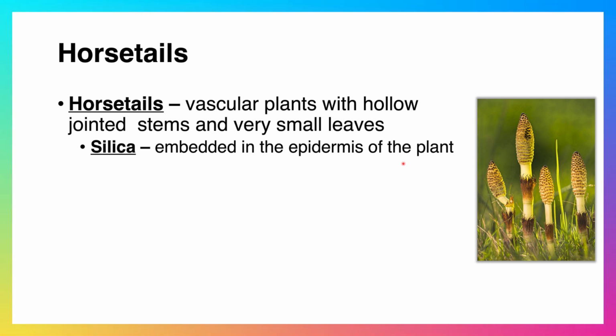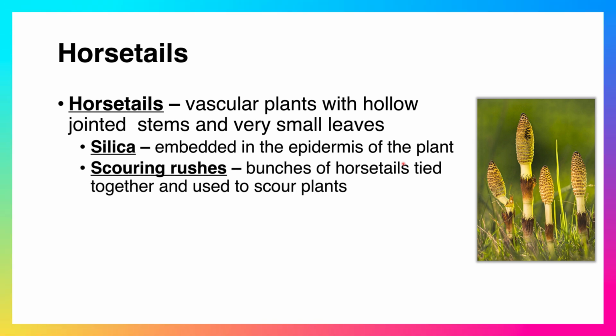The interesting thing about a horsetail is that there is silica embedded in the epidermis of the plant, the epidermis being the outer skin, and this silica gives it a rough sort of texture. And because of that, these are called scouring rushes. A scouring rush is a bunch of horsetails tied together, and then these are used to scour pots and pans and various other things.